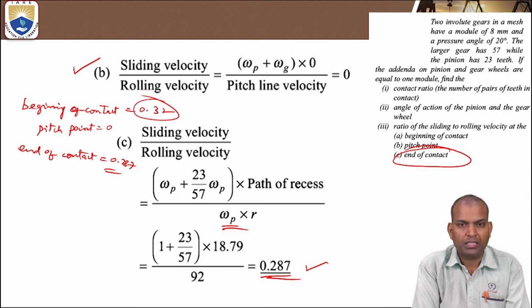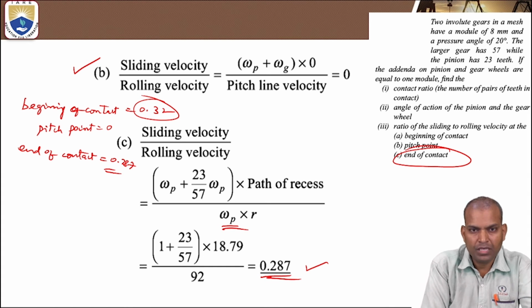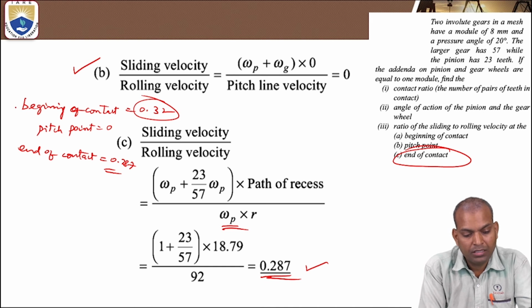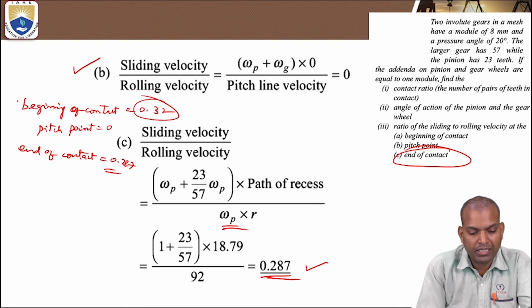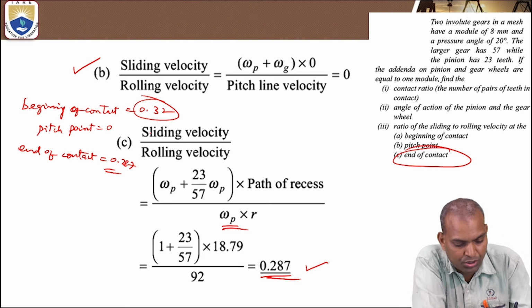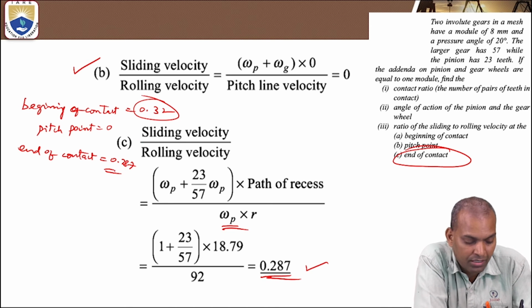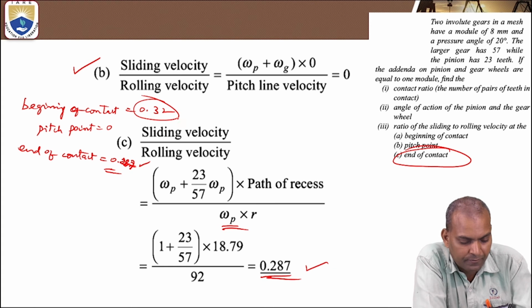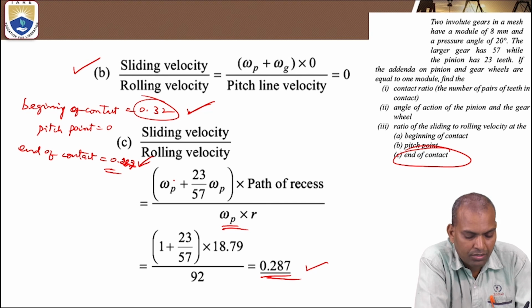That means the contact length during the path of approach is larger than the path of recess contact length. That's why in this case the sliding velocity to rolling velocity ratio at the beginning of contact, 0.32, is higher than at the end of contact, 0.287. So that is the meaning.